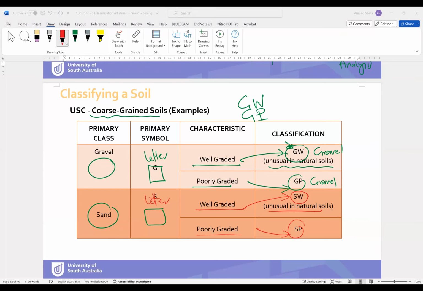Yes, it is always the material first, the primary classification, the material: gravel, sand, silt, clay. And the second letter is more specific, like grading or plasticity, depending on whether it is fine soil or coarse soil. Okay. So now this is for the coarse grain soil.